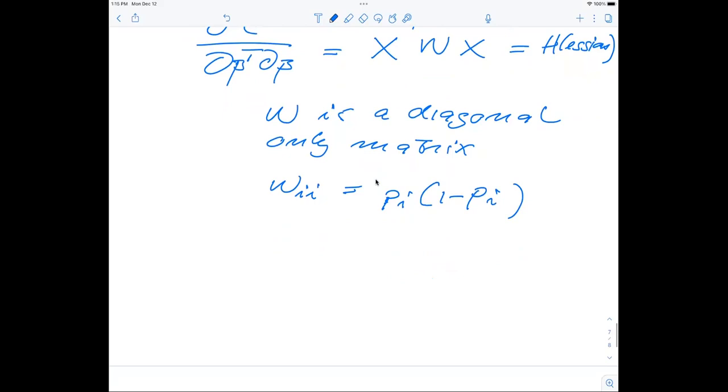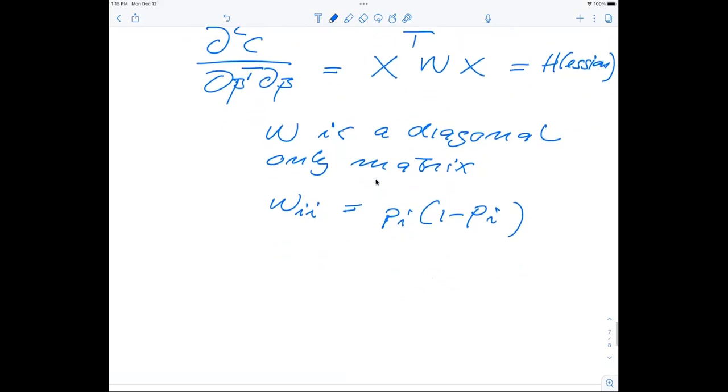And in this specific case, what you will see now, since the probabilities are always larger than 0, it means that when we look at the matrix X transpose times W times X, with W always larger or equal than 0, this matrix is going to be semi-positive definite, which means that we are going to have, again, a convex optimization problem.